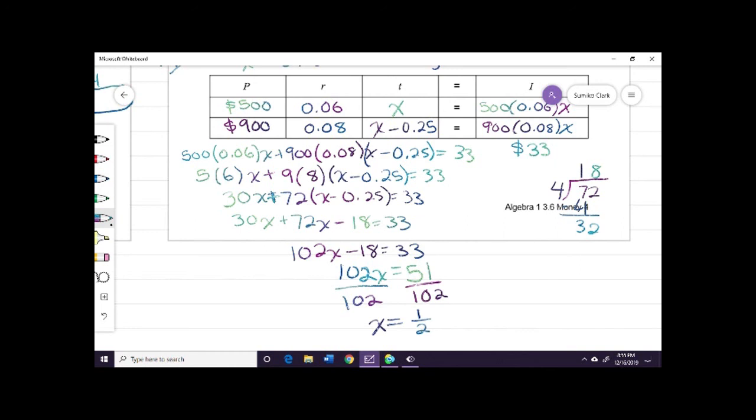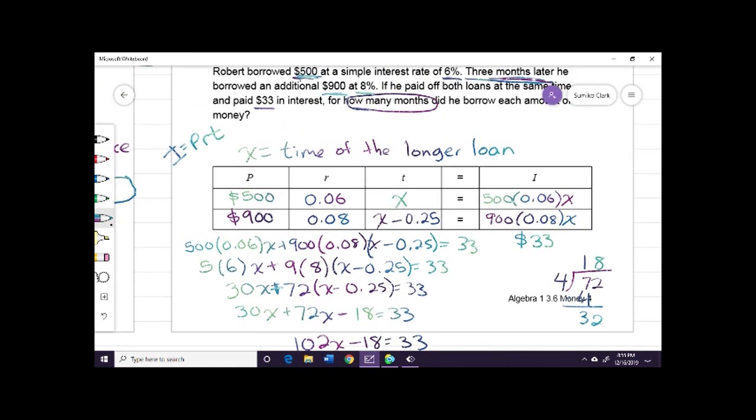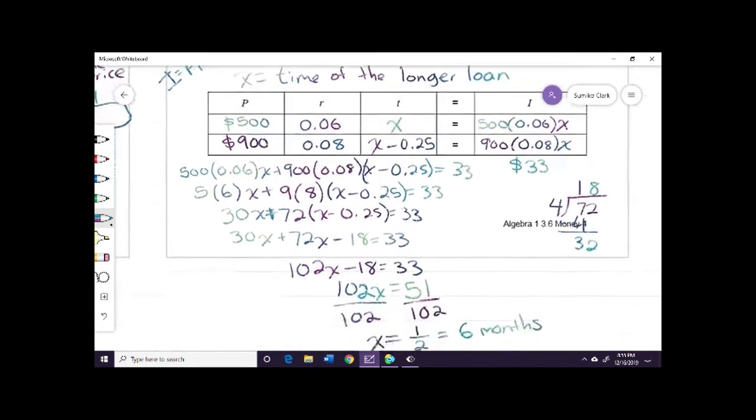Okay, so x is 1/2, but remember that's in terms of years. So a half of a year is equal to 6 months. Right? So that means the first loan he had for 6 months, and let me scroll back up and see. They wanted to know how many months did he borrow each amount of money.